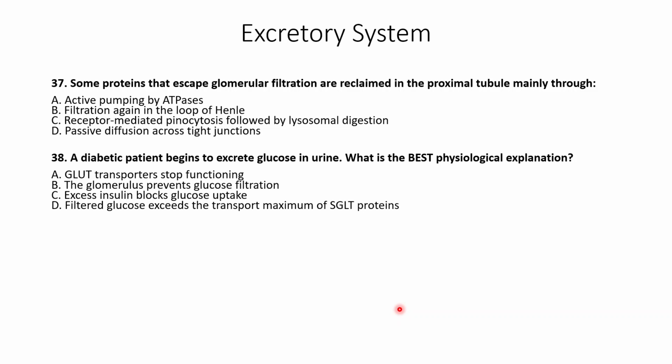Okay. So I'll explain why the option is actually D, which is that the filtered glucose exceeds the transport maximum of SGLT proteins. So, let me explain. With these kind of carrier proteins that move glucose across the membrane, you can actually have something like a transport maximum, which is essentially a saturation point.